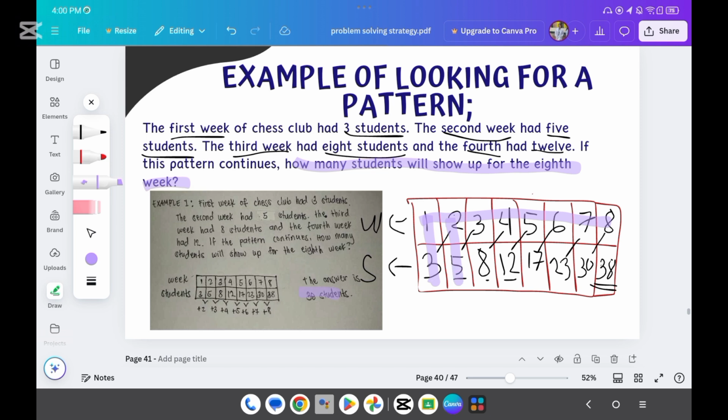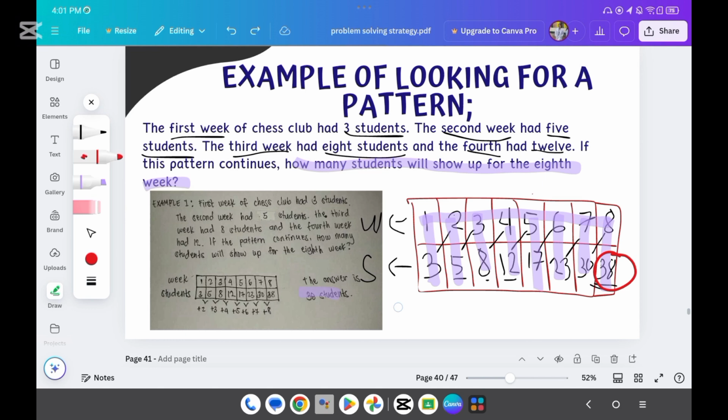So third week had 8 students. 4, 12, 5, 17 students, 6, 23 students, 7, 30 students, 8, 38 students. Everything looks good. So the answer makes sense. The answer is 38.